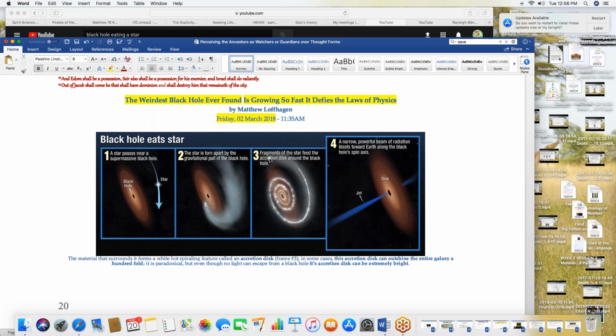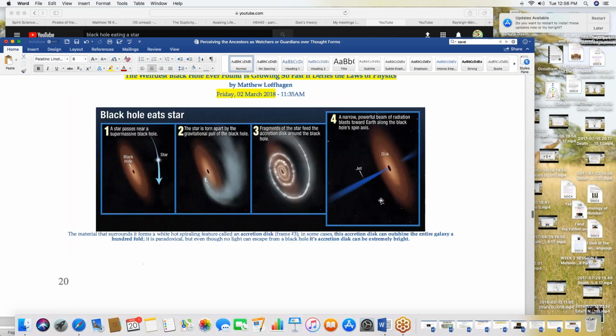Fragments of the star feed what's called the accretion disk around the black hole. Very important. Now look, a narrow, powerful beam of radiation blasts toward what planet? Earth, along the black hole's spin axis.